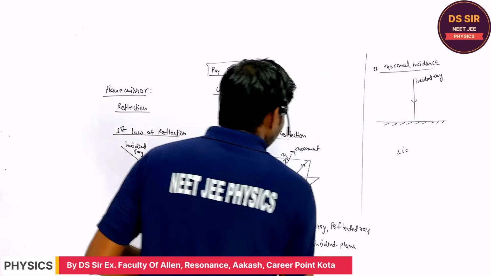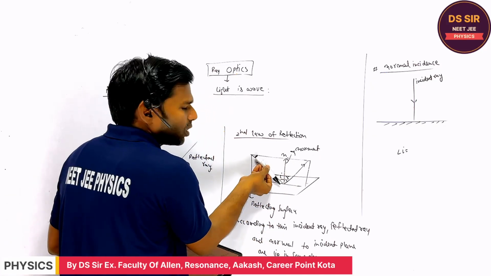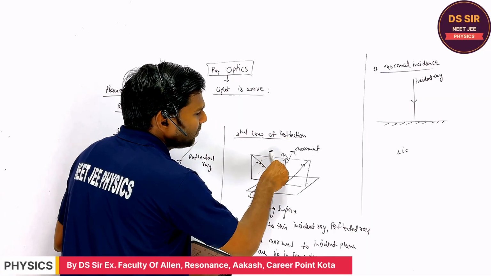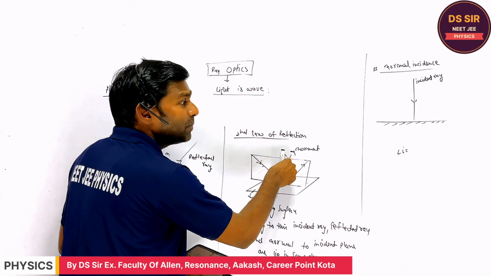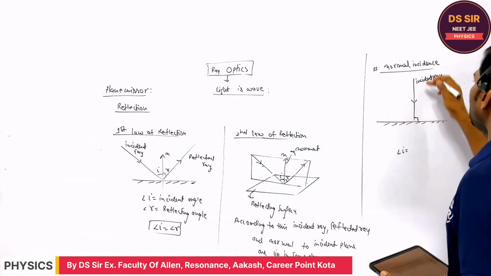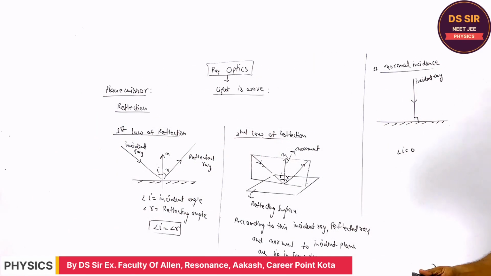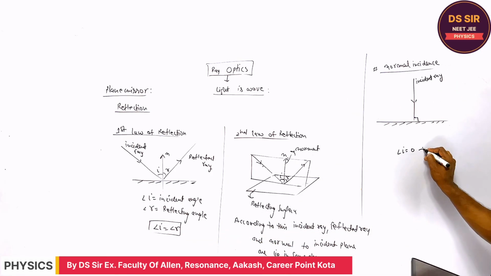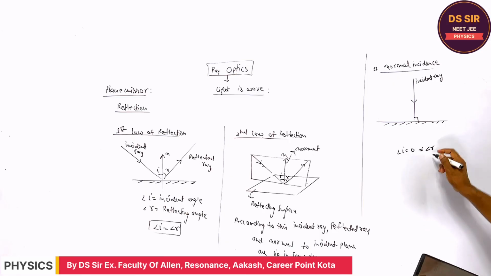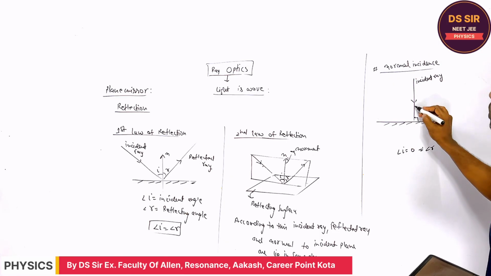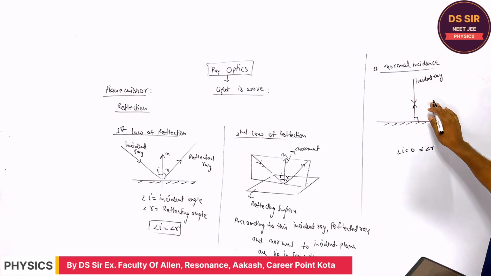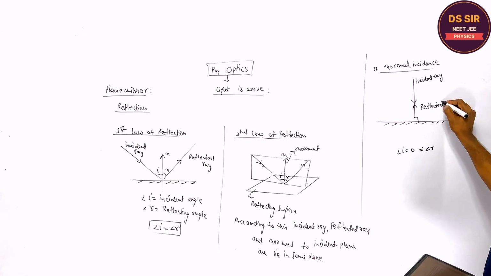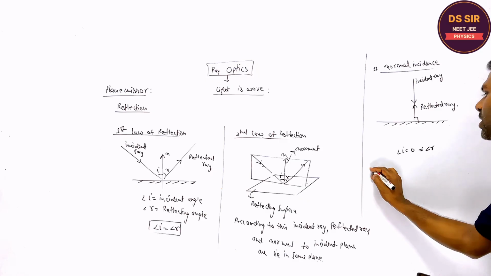The angle I is the angle made with the normal by the incident ray. If this incident ray becomes like this, the angle I becomes 0. Although it is the normal incidence, the incident angle is 0, and therefore according to the law of reflection, the angle R will also be equal to 0, right? Therefore if this is the incident ray, it is reflected in the same direction, in the opposite direction, right? So this is the reflected ray. This is called the normal incidence, right?